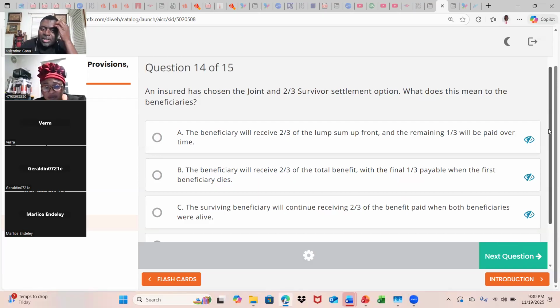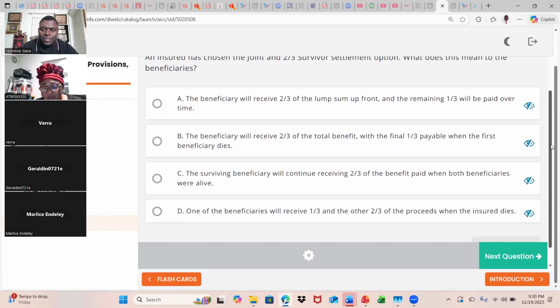Joint and two-third survivor option. Let me scroll down so that we see all the questions.